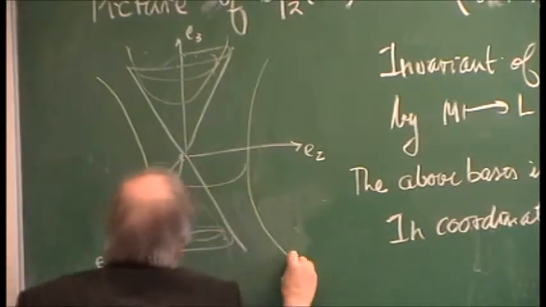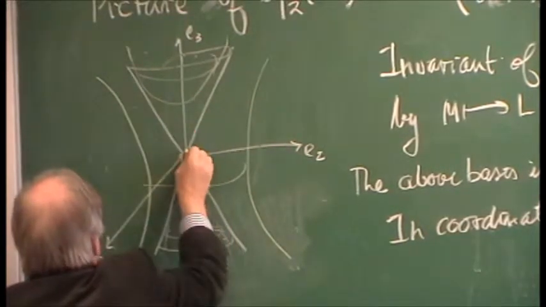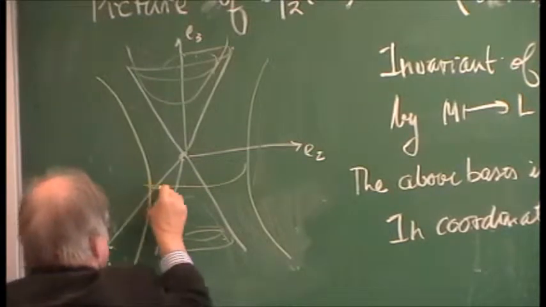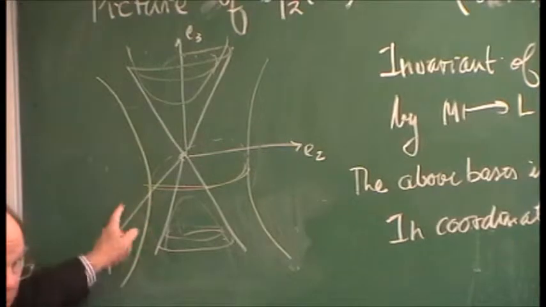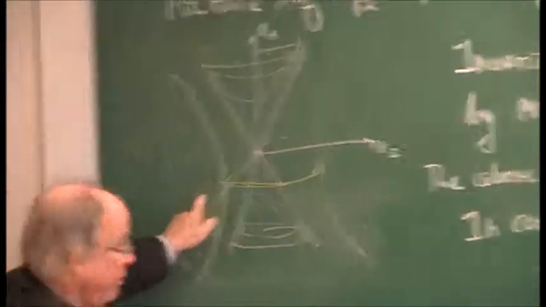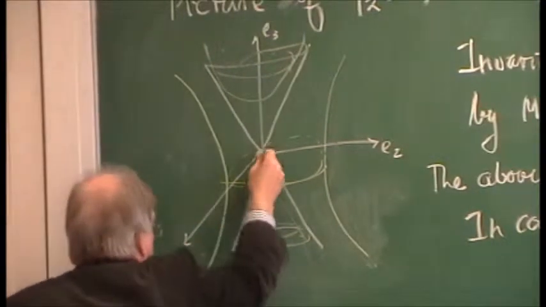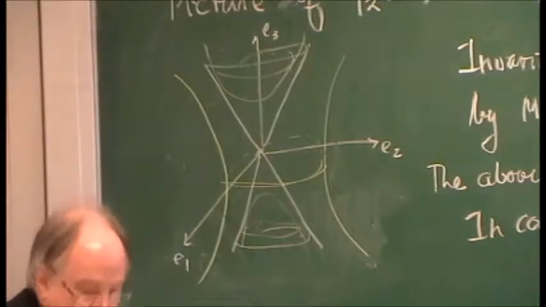This is what I talked about last time. Everything on the boundary of the light cone is not diagonalizable, but almost everything as usual is diagonalizable, but to two different places. I usually like to take diagonalizable to this place.